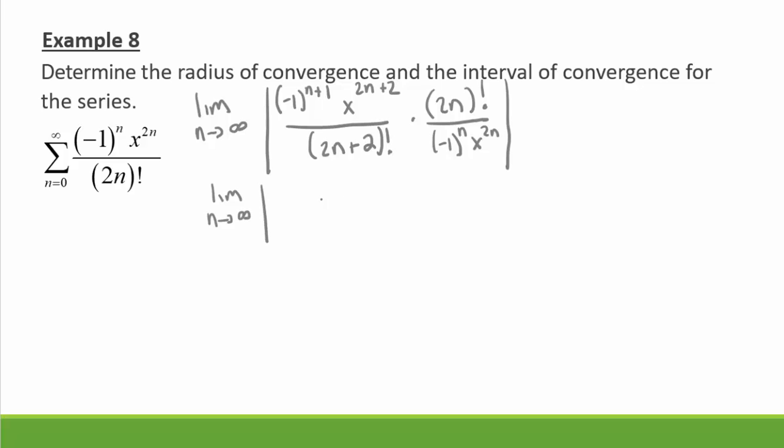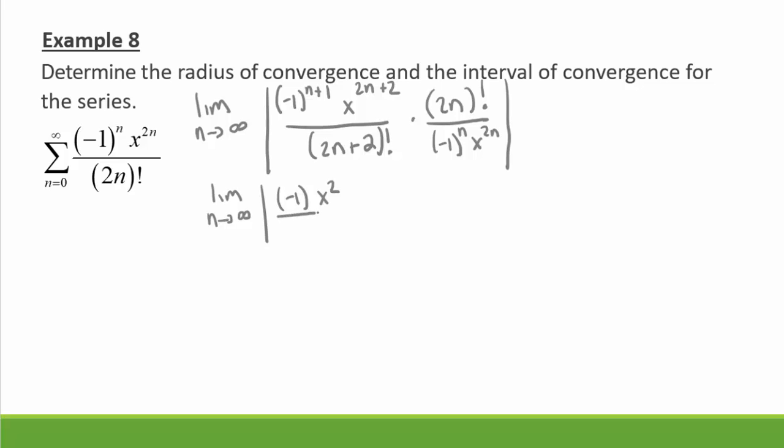Okay, so let's look at this. The negative 1 is going to cancel. I'm just going to be left with a negative 1. The x to the 2n over 2n, that's just going to leave me with an x squared.